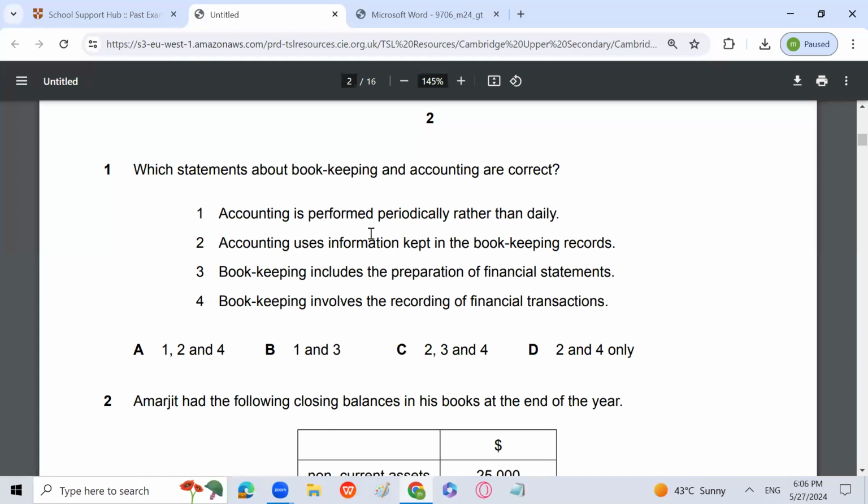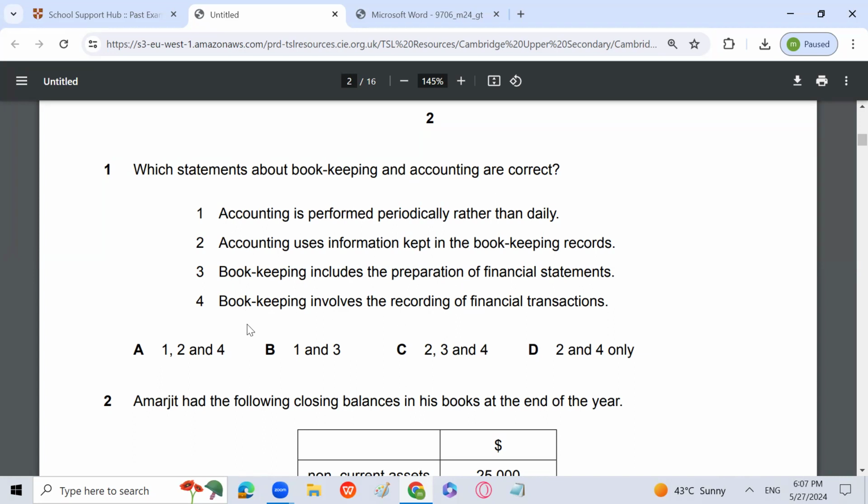That accounting is performed periodically rather than daily: we prepare financial statements at the end of the year, after every accounting period. And accounting uses information kept in the bookkeeping records. Obviously, we use the bookkeeping records for the preparation of financial statements. And bookkeeping includes the preparation of financial statements, that is wrong. Accounting starts from the preparation of financial statements.